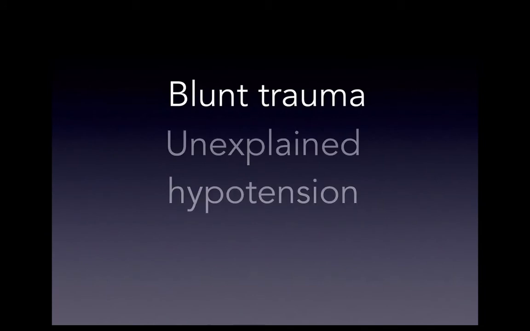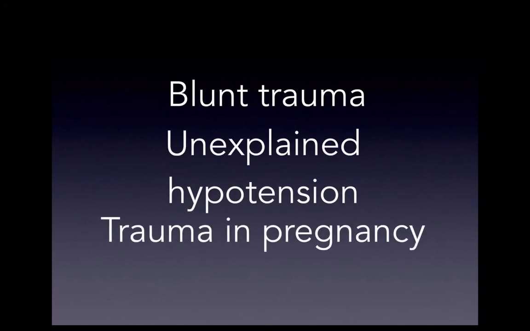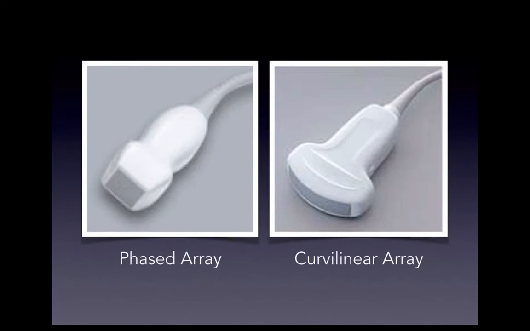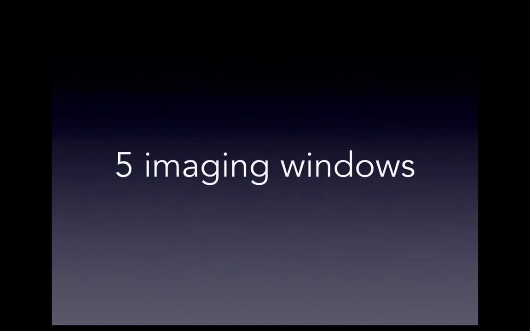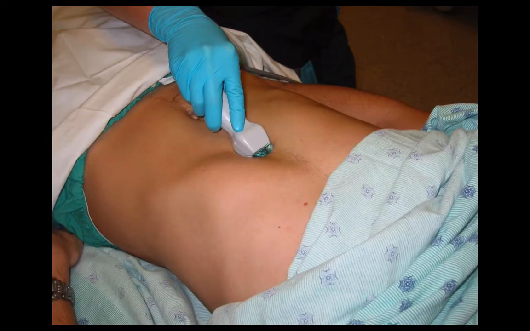So we use it in blunt trauma, during unexplained hypotension, and in trauma in pregnancy. And you can use either the phased array or the curvilinear probe. Some places only have the phased array, but either of those two could be used. And basically we have 5 imaging windows.